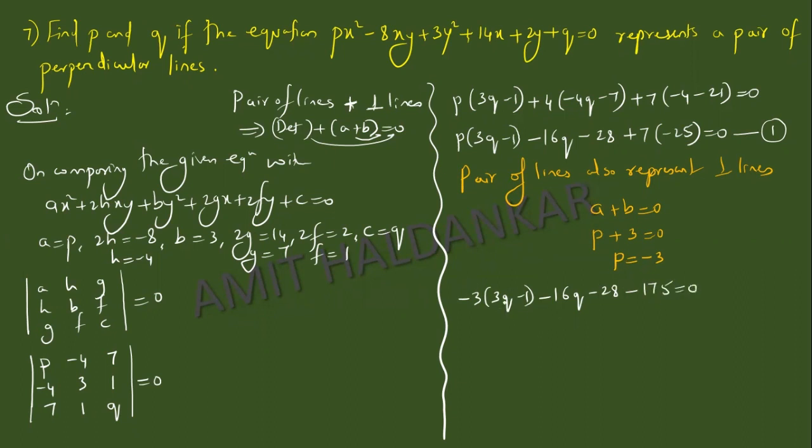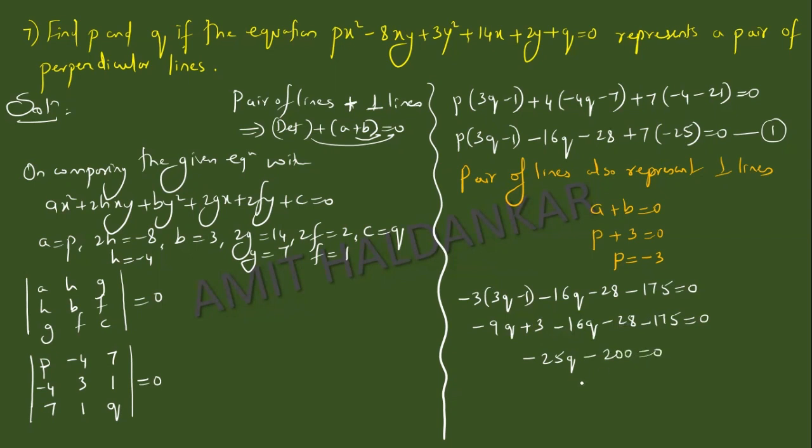So finally we get 3 3s are 9, minus 9q minus 16q is minus 25q. 3 minus 20 is minus 25, minus 25, minus 175, that comes out to be minus 200 is equal to 0.